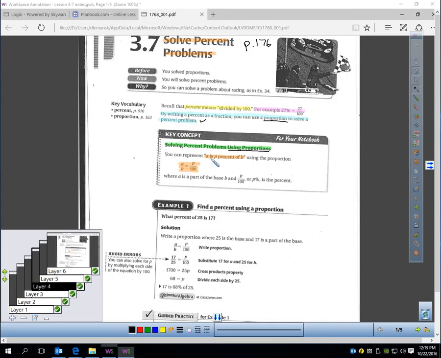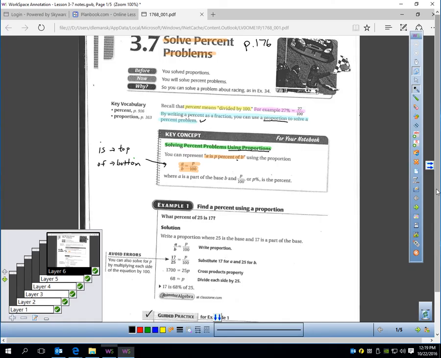A student told me this a couple years ago, and it's a great teaching point, and I haven't forgotten it since. When you read the word is, it needs to go on top of your fraction. The word of has to go on the bottom. I'm going to point out why that's important in a minute. So remember: is on top, of on the bottom, and that's going to help us set this up.